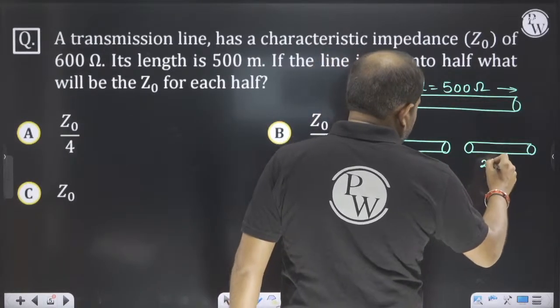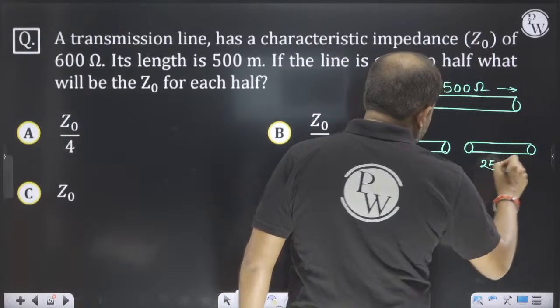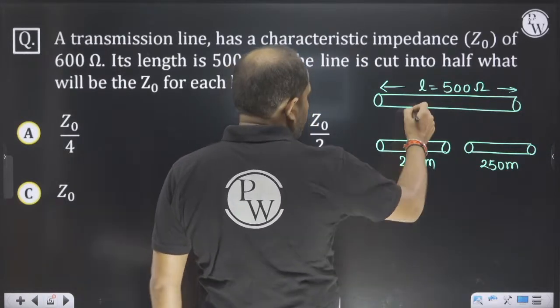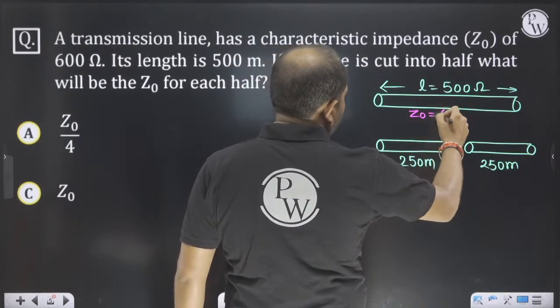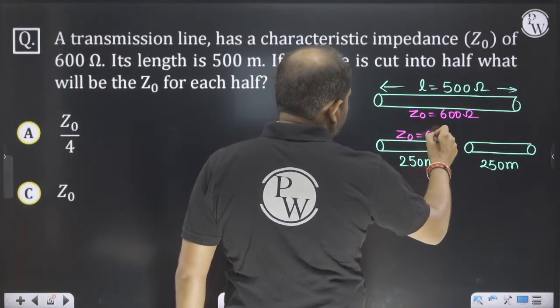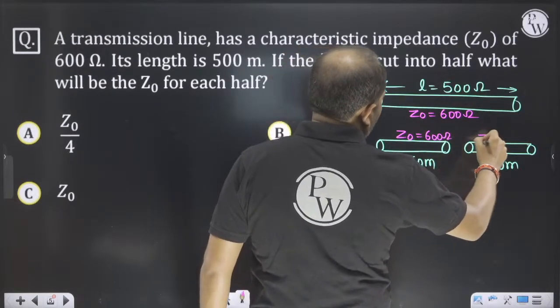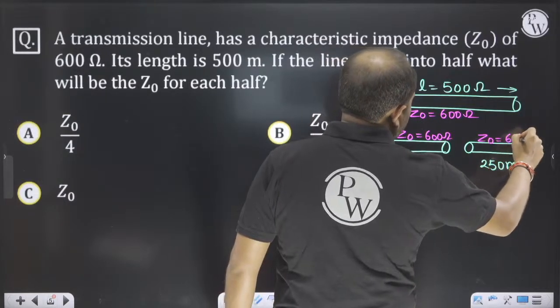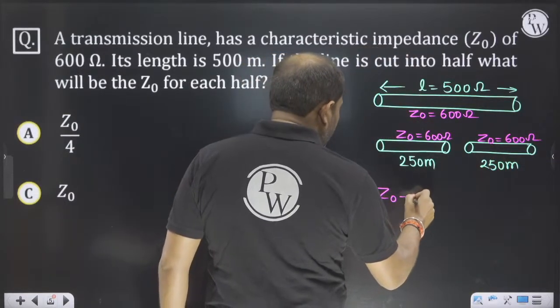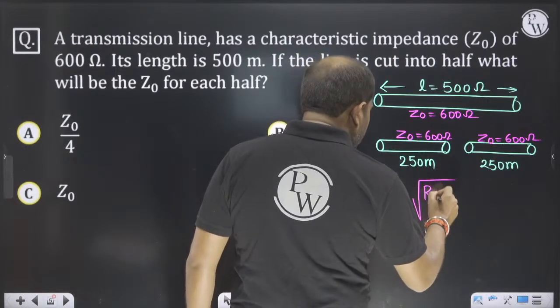Then it is asked what is the value of characteristic impedance. So the value of characteristic impedance here is 600 ohm, and here also characteristic impedance will be 600 ohm only. Why? Because characteristic impedance does not depend on the length of the transmission line.